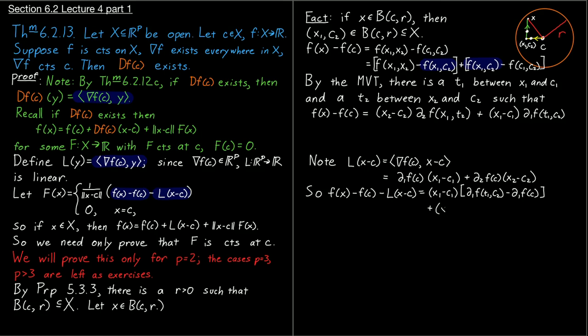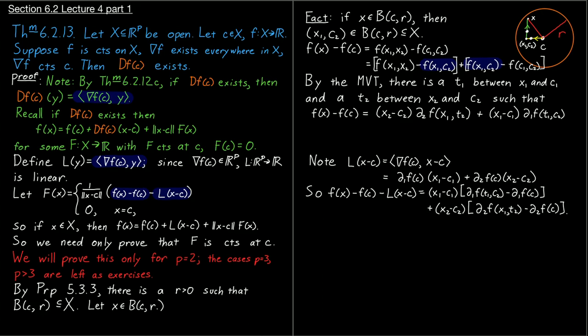And then you have your x2 minus c2 term, partial 2 f of x1, t2 minus partial 2 f of c.